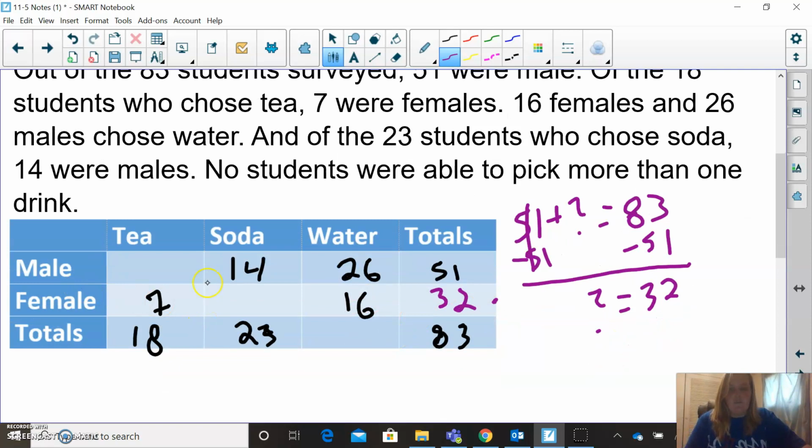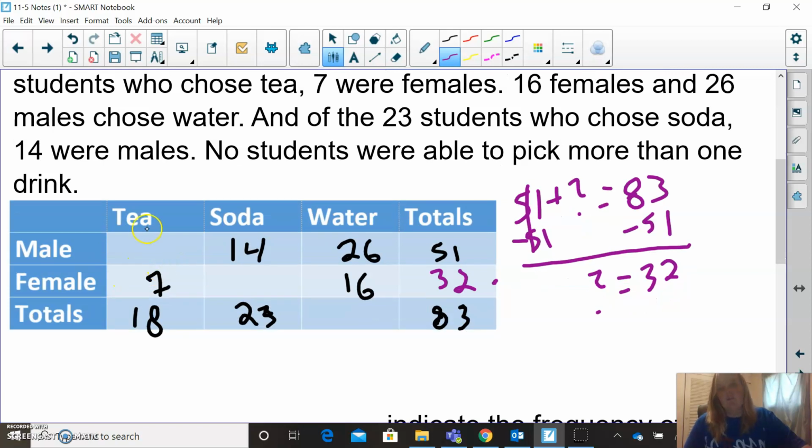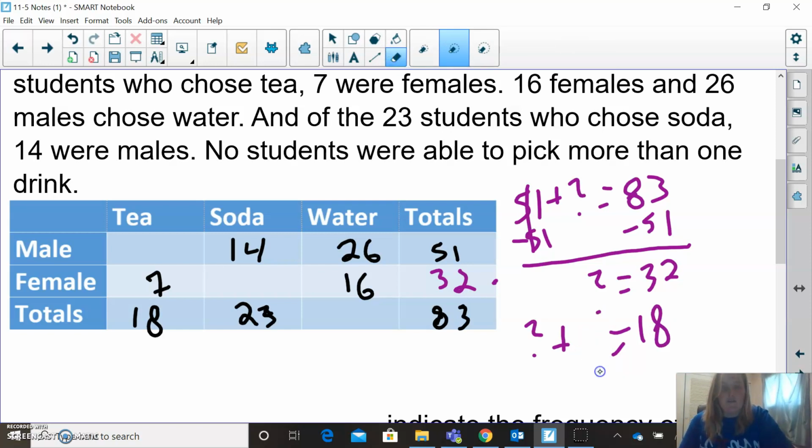Okay, now we can keep going, and we can figure out the males that selected tea pretty easily as well. So we're going to follow the same process. We're going to do question mark plus 7 is equal to 18, which is the total number of students that chose tea.